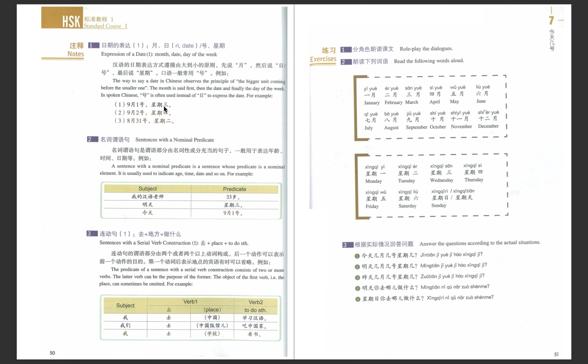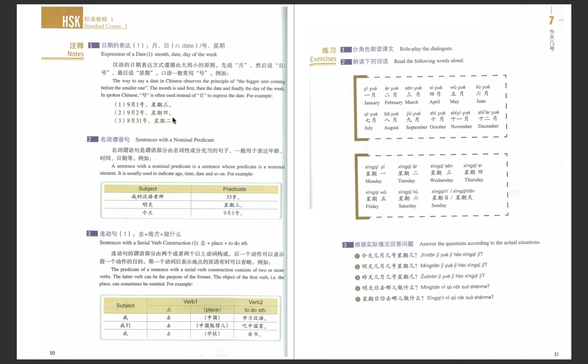9月1号星期三. Ninth month, number 1, third day of a week. September 1st, Wednesday. 9月2号星期四. Ninth month, second day of the month, and fourth day of a week.